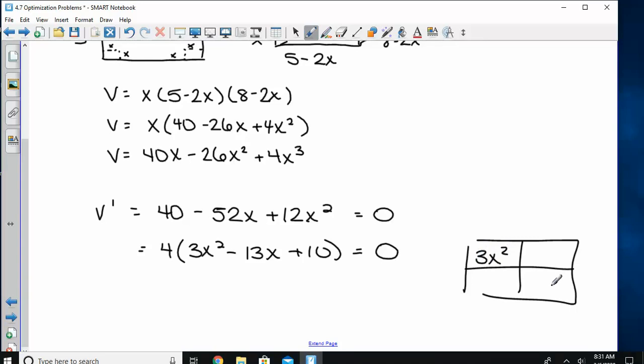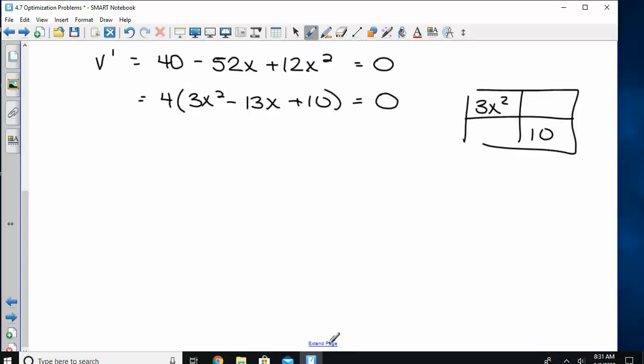Use these factors nicely. Those multiply to 30 and add to negative 13. So factor, and get x minus 1, 3x minus 10.